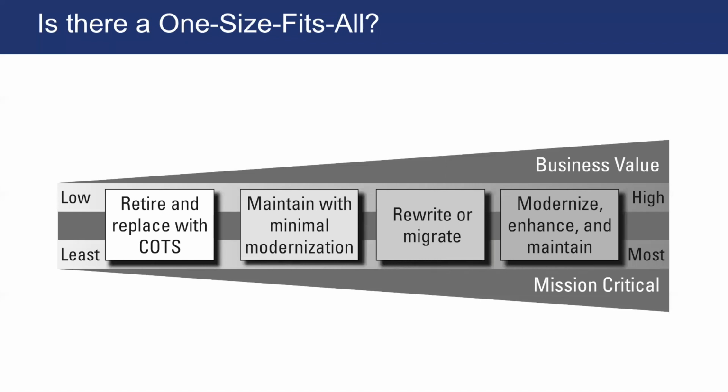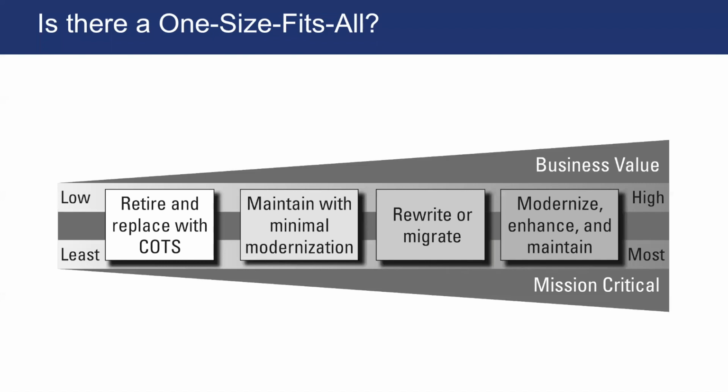So is there really a one size fits all for all this? In reality, if we really want to summarize all these techniques we mentioned, you can pretty much define it in 4 blocks.